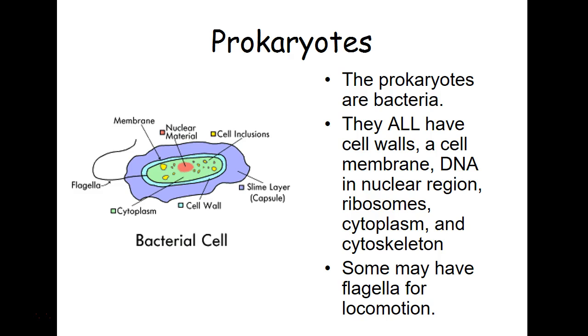This comes from Latin. This is a Latin word. Pro means before. Karyote means kernel. So prokaryotes literally mean, if you translate it literally from the Greek, before the kernel.